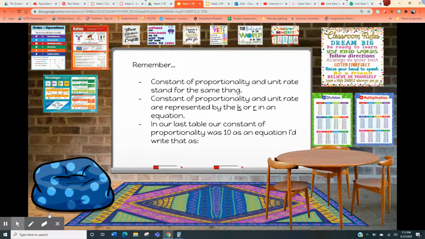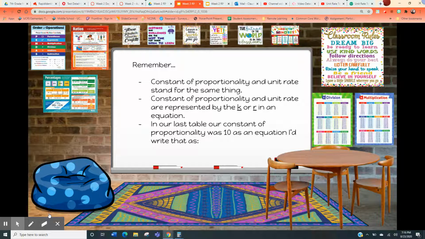Remember, constant of proportionality and unit rate stand for the same thing. So if I say constant of proportionality, I'm talking about the unit rate. The constant of proportionality and unit rate are represented by the K or R in an equation.